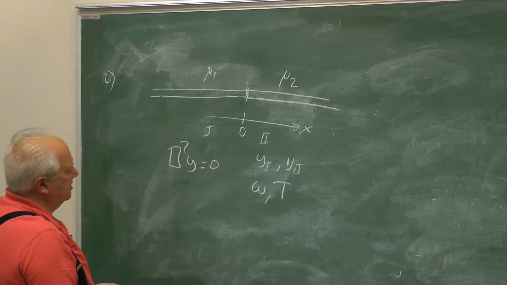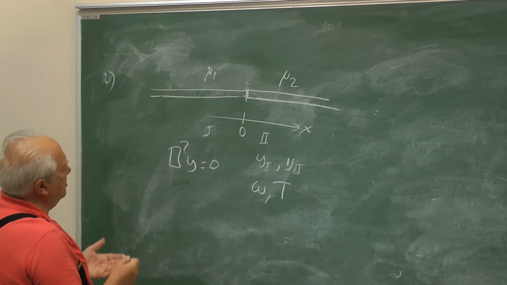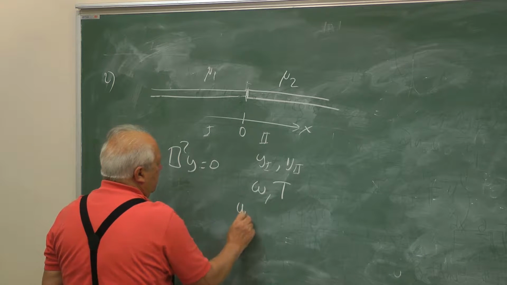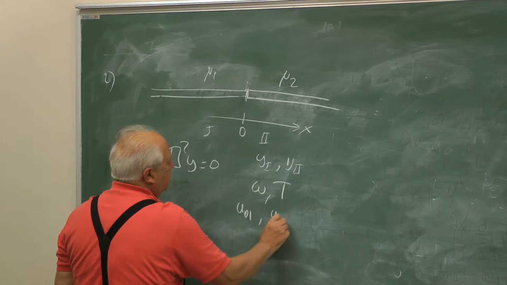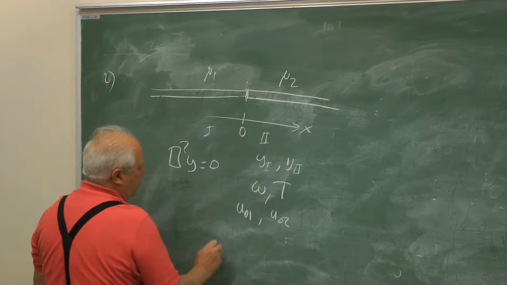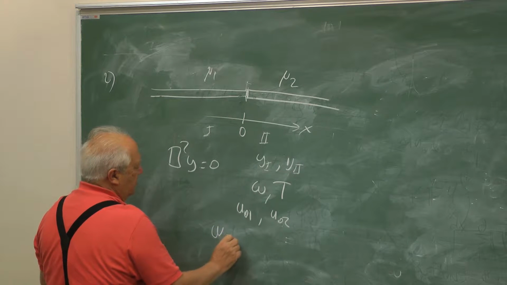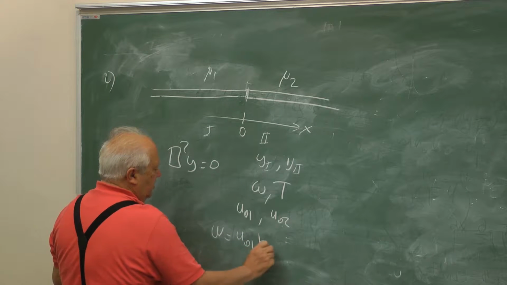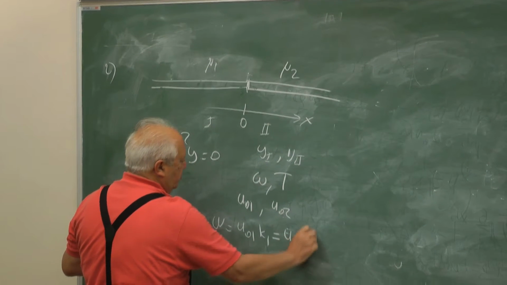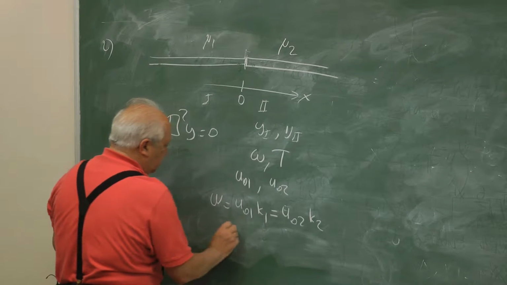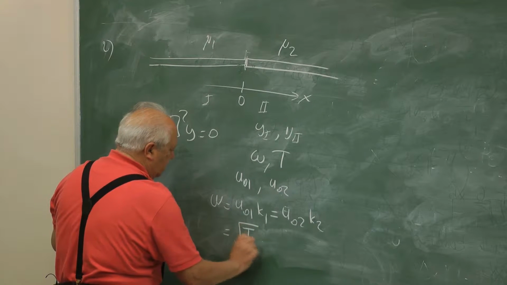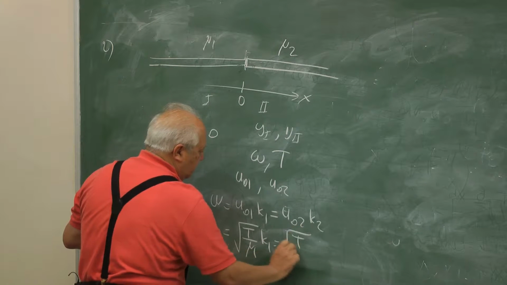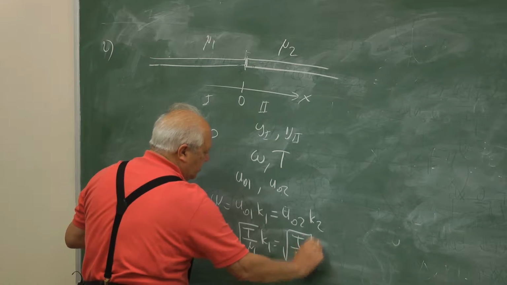What is different is the velocity, u01 and u02. These things are different. So omega is u01 k1, that's equal to u02 k2, and this is root T over mu1 k1 equals root T over mu2 k2.